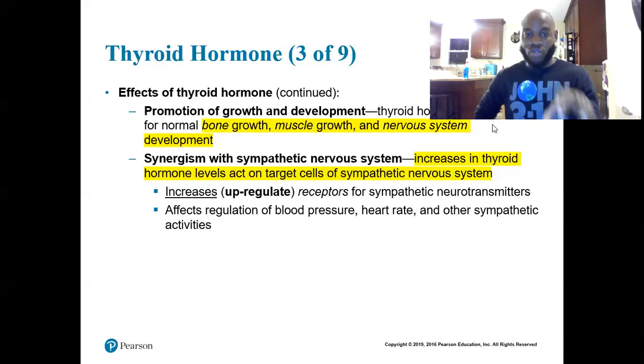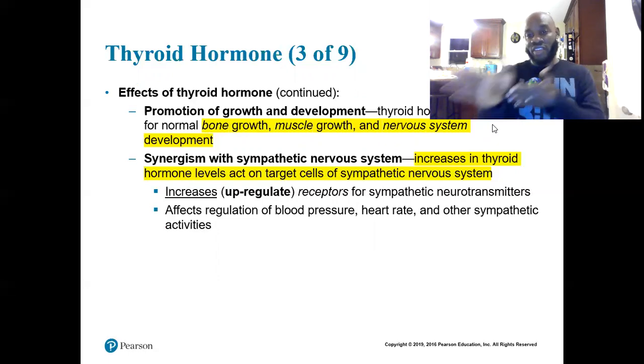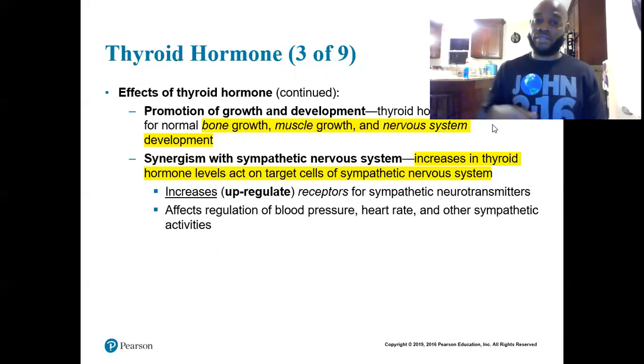Increases in thyroid hormone act on target cells of the sympathetic nervous system. So the cells that the sympathetic nervous system would affect, your thyroid helps the sympathetic nervous system to increase its upregulation. So it helps make it more effective.